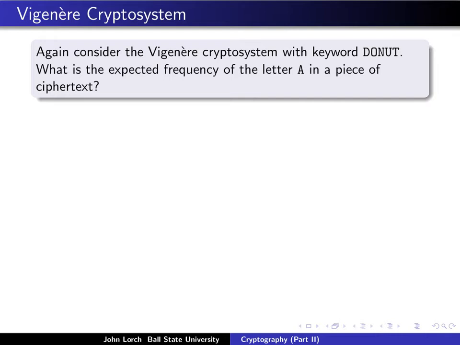So one charming feature of the Vigenère cryptosystem is that it smooths out the frequencies with which letters appear in a piece of ciphertext. So here, we're going to imagine we've got the Vigenère cryptosystem again with the keyword donut, once again, as on the previous slide.